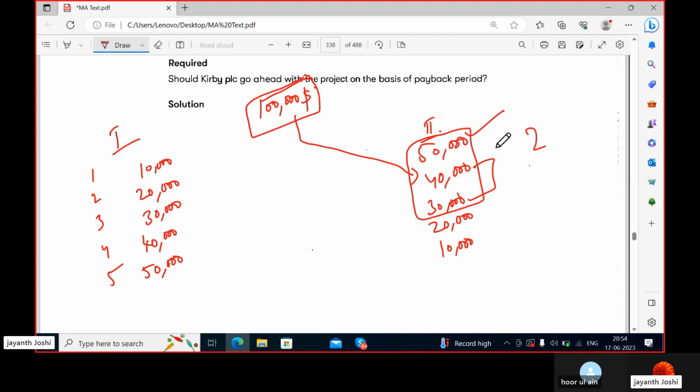Second year, I got $40,000. Now I have $90,000 in 2 years, but I want $100,000, so I will recover between the second and third year. So 2 point something. I don't know exactly in how many months I will recover the remaining 10,000, but 2 point some years will be taken to recover this $100,000.